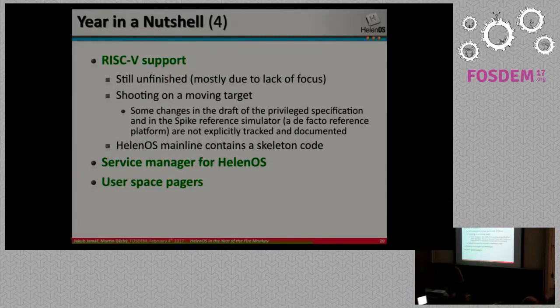If I may have one small excuse for that, there have been some changes in the privilege specification of RISC-V during the year, and there have also been changes in the Spike simulator, which is something like a reference implementation of the RISC-V platform. And some of these changes were not explicitly tracked and documented.